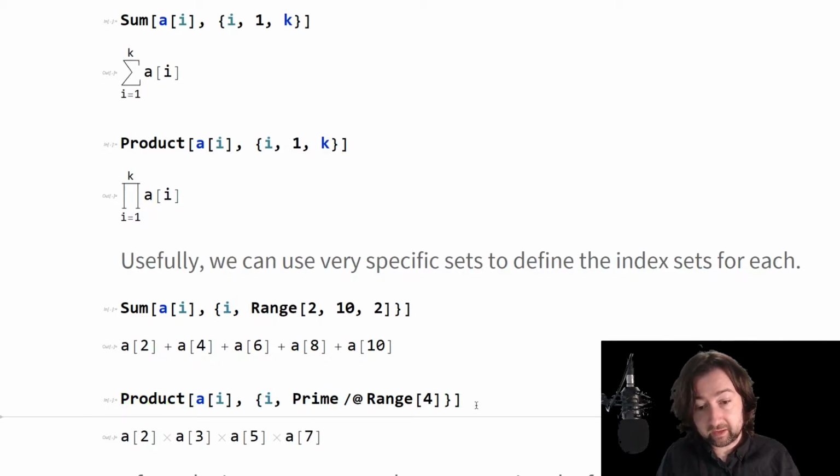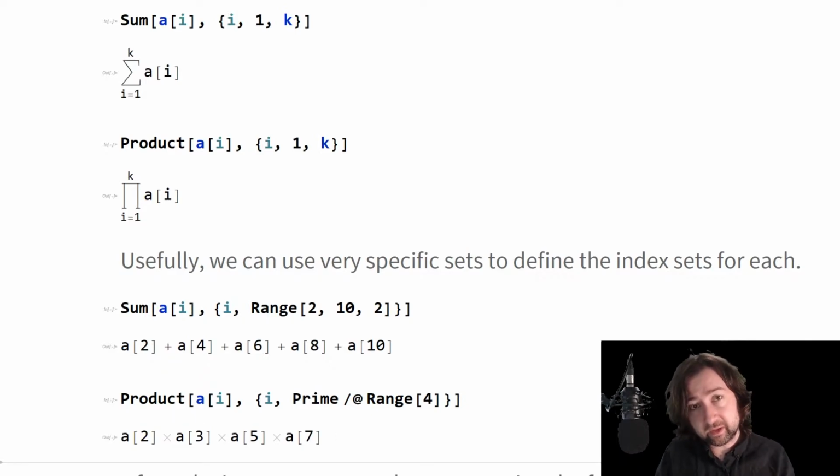So this is very flexible. And I'll point out that you can specify specific elements as well. If you don't want to use a command to create a list, you could do something like the Sum of a_i over an index set that looks something like, let's say, i gets pulled from the set 2, 10, and 400.